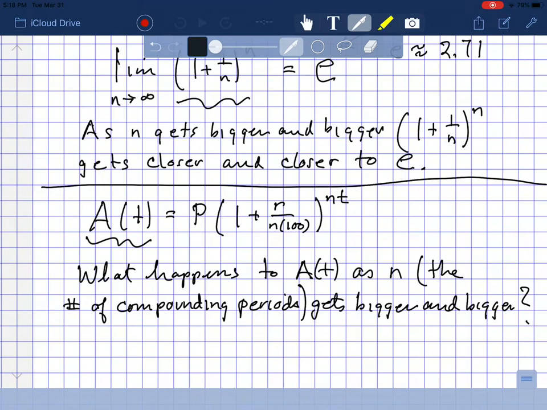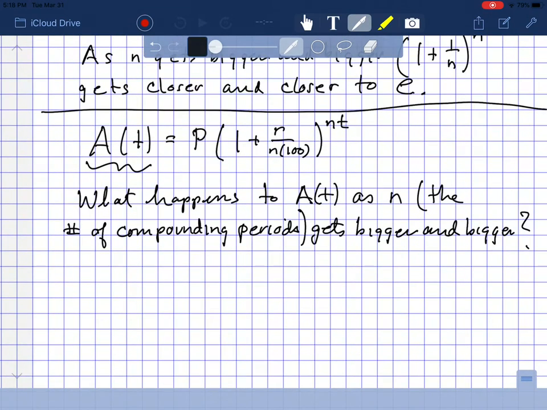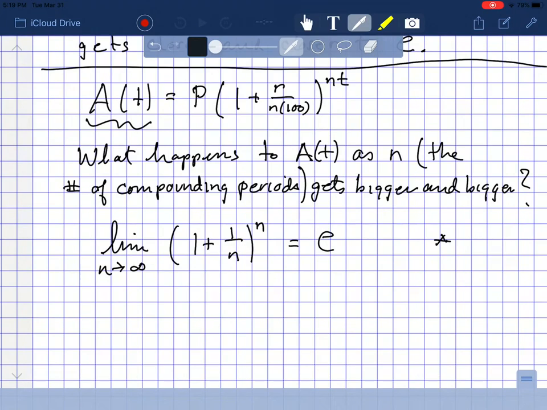All right. What I'm going to do is this. Definitely I'm going to use the fact that the limit as n goes to infinity of 1 plus 1 over n to the nth power is equal to this number e. But what we have in here is not just 1 over n, there's something being multiplied by 1 over n.